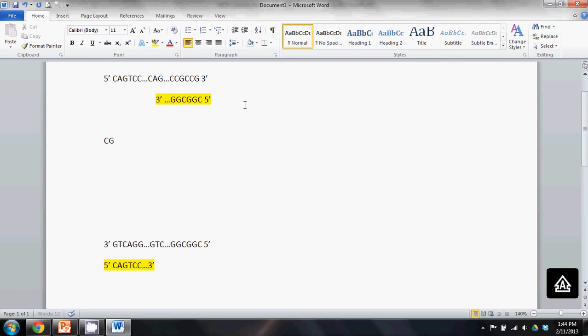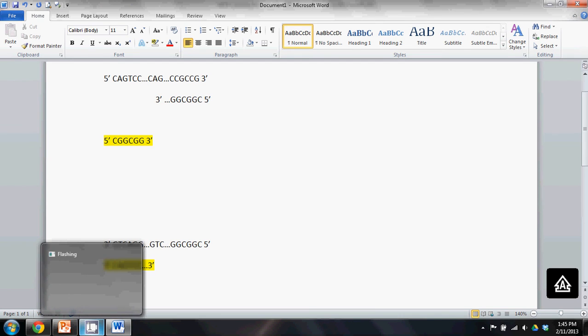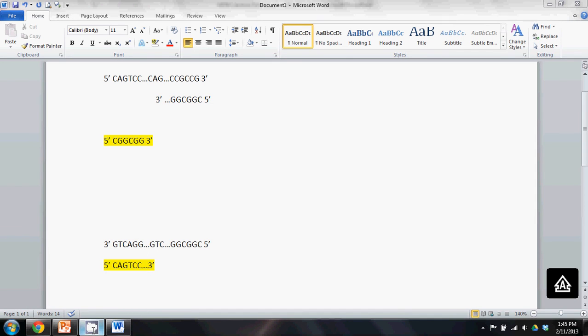So C, G, G, C, G, G. I just flip this around, so it's going to be 5 prime, 3 prime. So these two would be the primers. Oh man. Finish this off later.